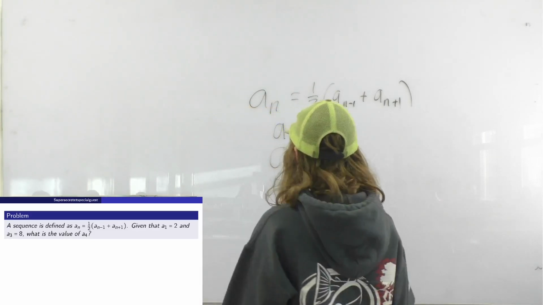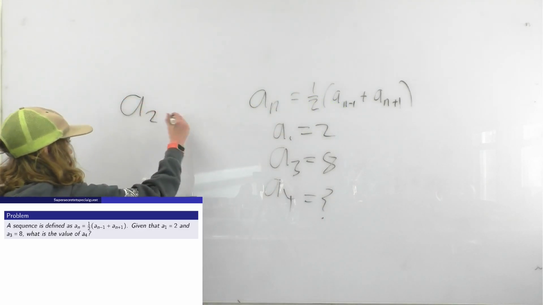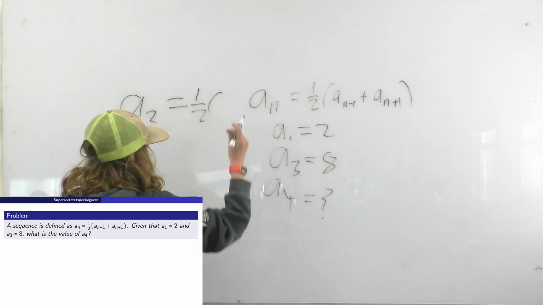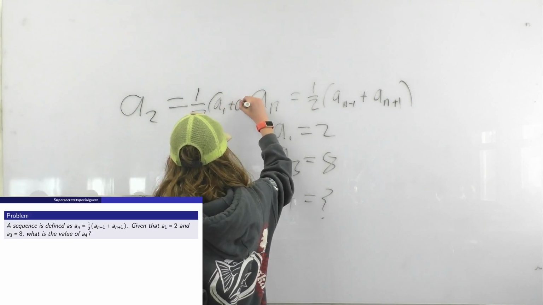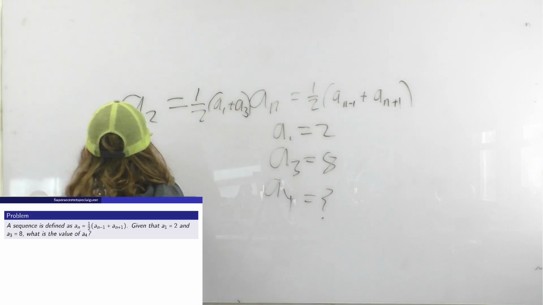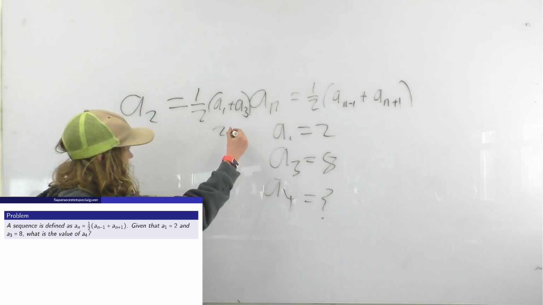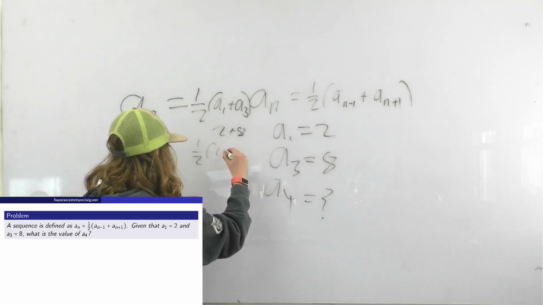So the first thing, to get a_2, we just set this equation to be a_2, so 1/2 times a_1 plus a_3 is equal to a_2. We know a_1 is 2, a_3 is 8, so 1/2 times 10.